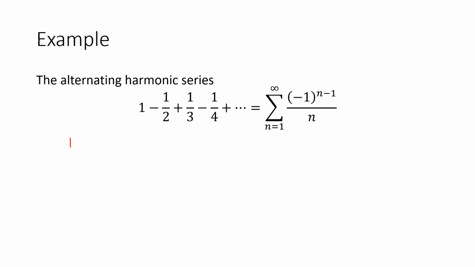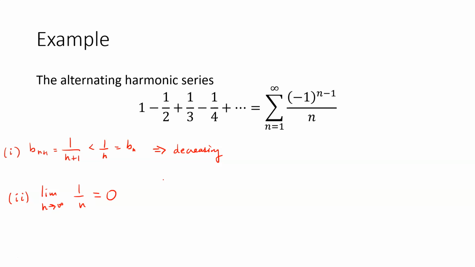We can easily see that 1/(n+1) is less than 1/n, so bn+1 is less than bn. That shows it's decreasing, so the first condition is satisfied. The second condition is that when I take the limit as n goes to infinity of 1/n, we get 0.